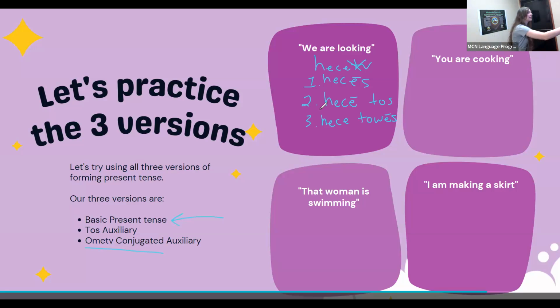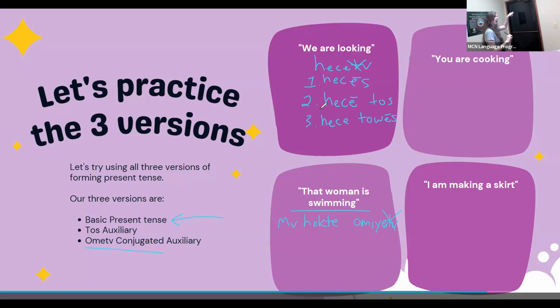Nice. That woman is swimming. So first we need that woman. That's going to go first. Ma. Woman is hokti. Ma hokti. Okay, swimming was omeida. And we drop our ida.